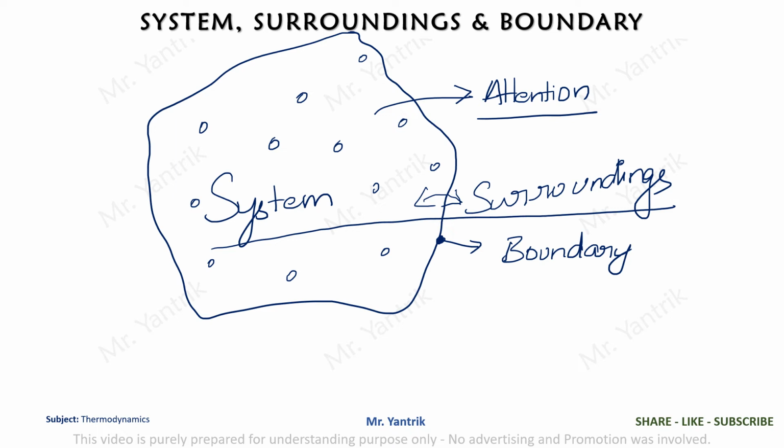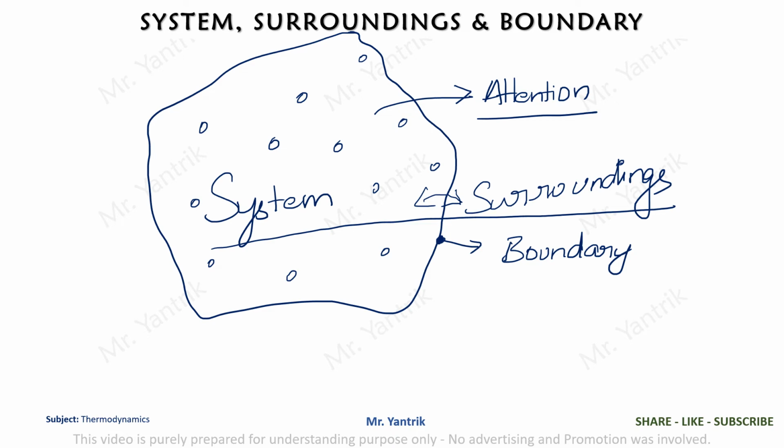Water in a water bottle can be called a system, and the outer layer of the water bottle which is insulated completely, which does not allow the heat to pass, is called boundary. And the outside space, the environment, the universe around the water bottle can be called surroundings.